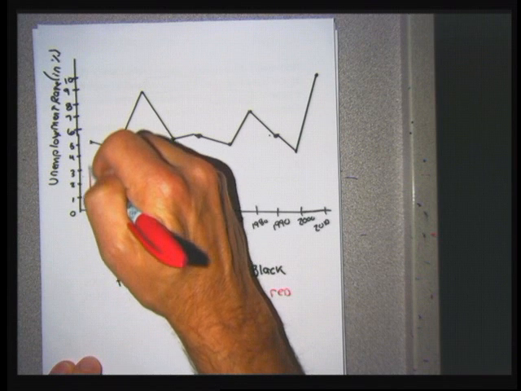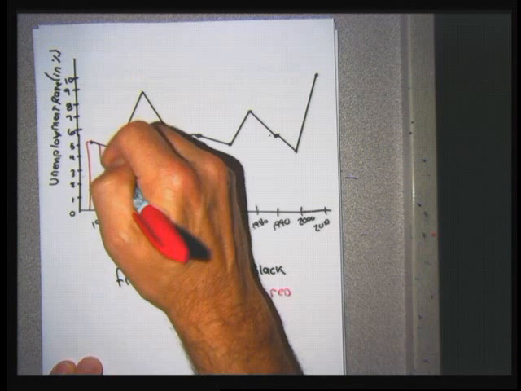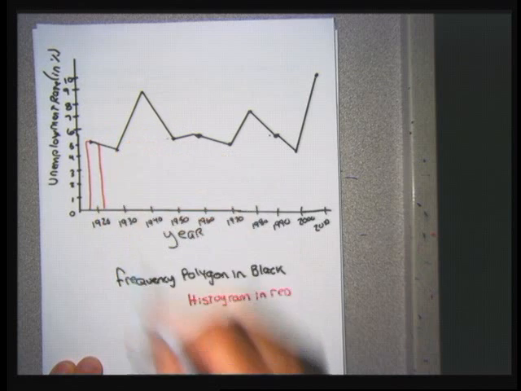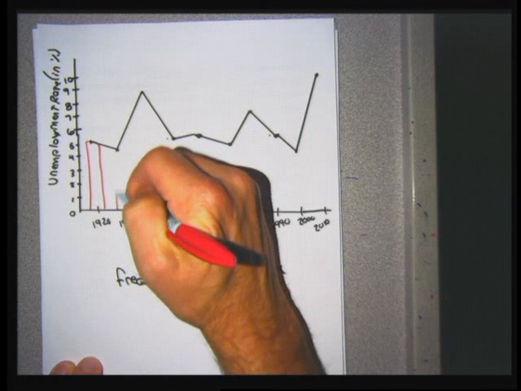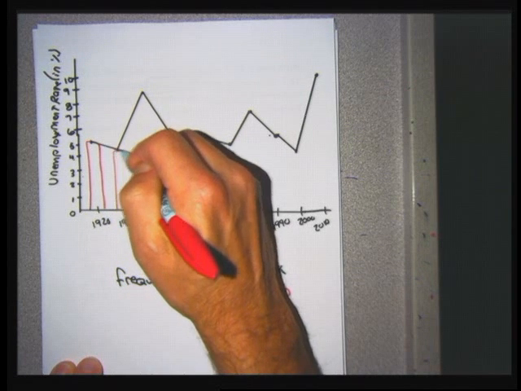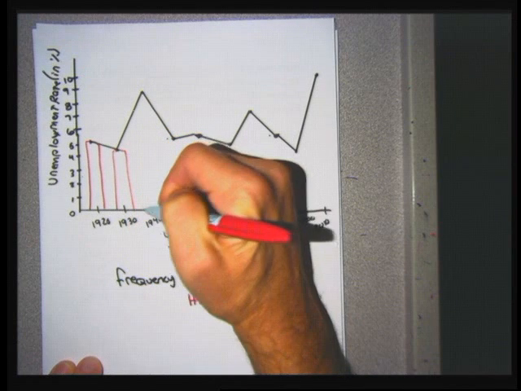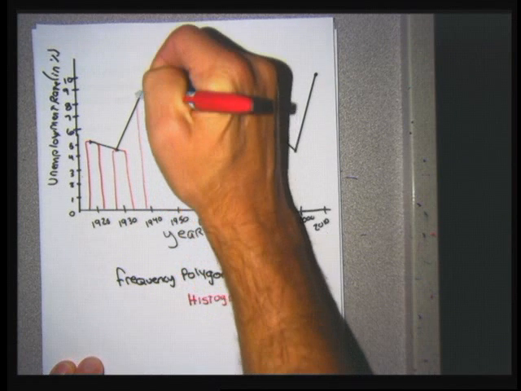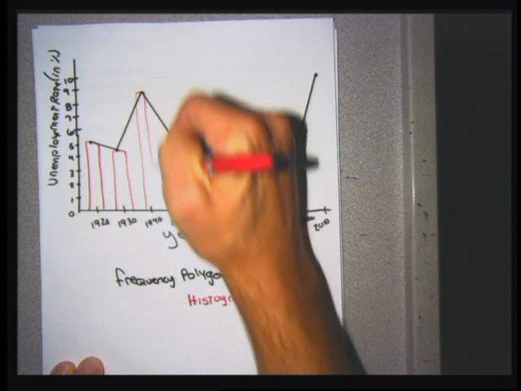So I'm going to make a bar that kind of straddles the 1920 and goes up to the dot, then a bar that more or less straddles the 1930 and goes up to the dot, a bar that goes around the 1940 up to the dot.